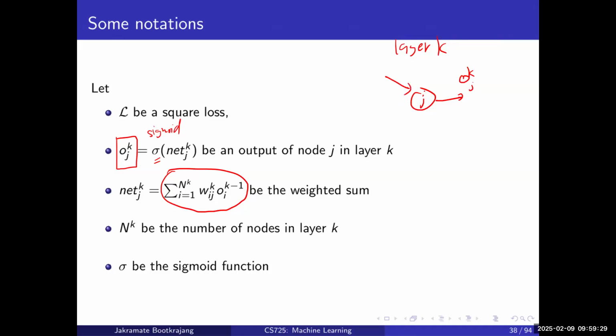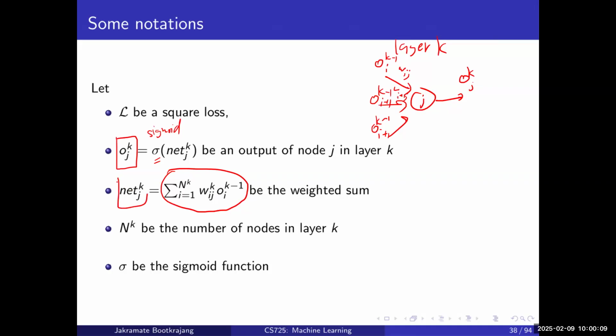And then in the previous layer, you will get k minus 1, and then i, maybe i plus 1, i plus 2, right? So you have the output from the previous layer. And to get the O_jk, you do the weighted sum, from i to j, from i plus 1 to j, for each of the weights.